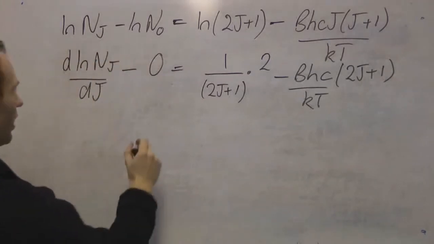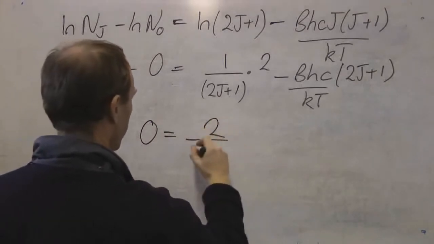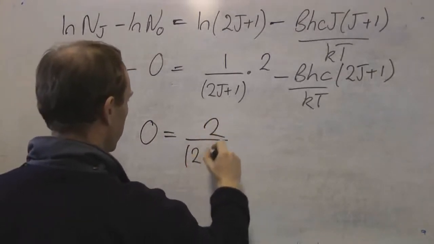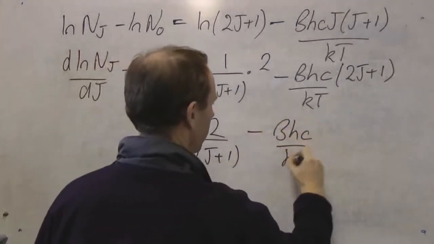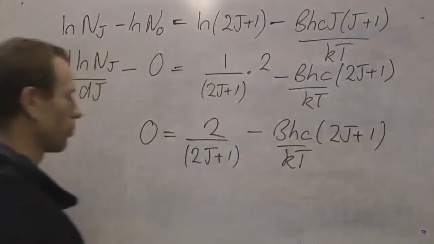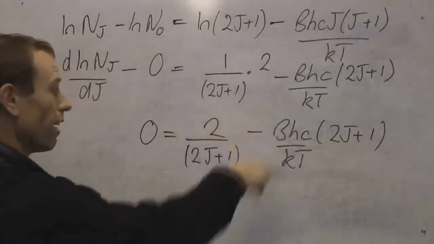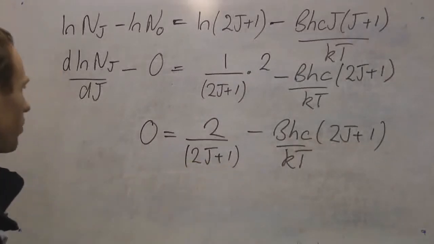So this whole left-hand side is equal to 0. So now we have 0 equals 2 over 2j plus 1 minus BHC on KT, 2j plus 1. So now we just need to rearrange this and get, in the end, an expression j equals.